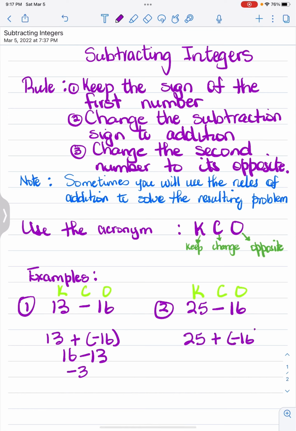Again, we'll use the rules of addition. So 25 minus 16, my answer is 11.